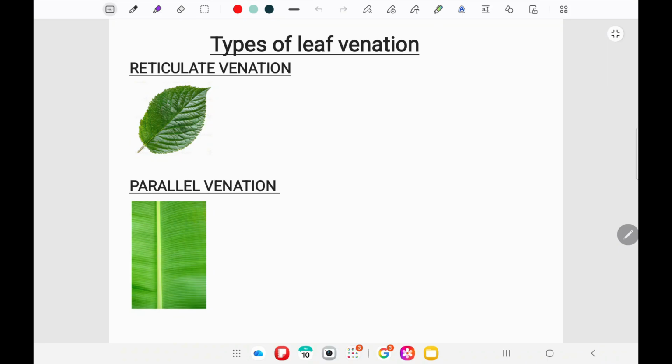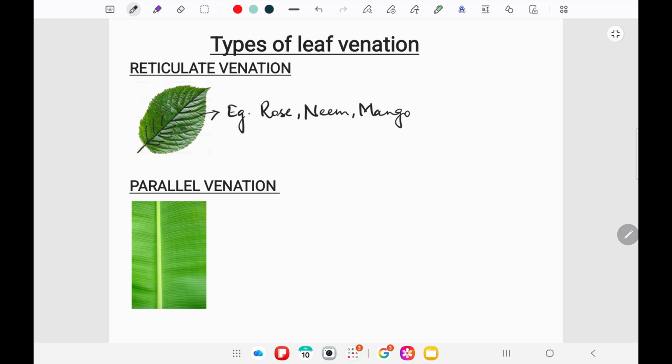The first one is the reticulate venation, where there is a midrib which is thick and all the other veins start from the midrib and they run like a mesh in the entire leaf. This type of leaf venation is called reticulate venation, and the examples are rose, neem, mango.